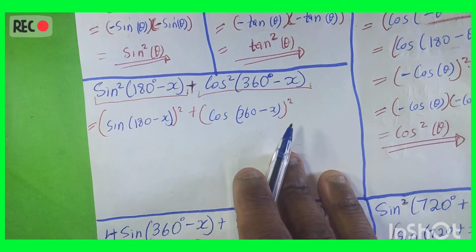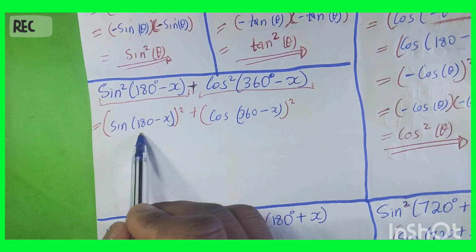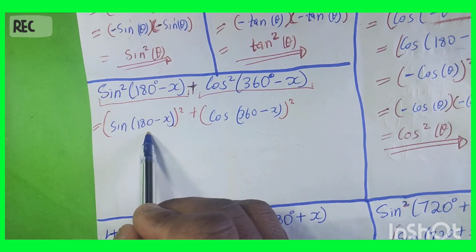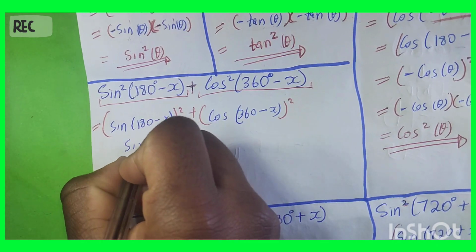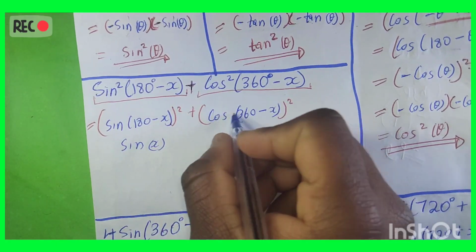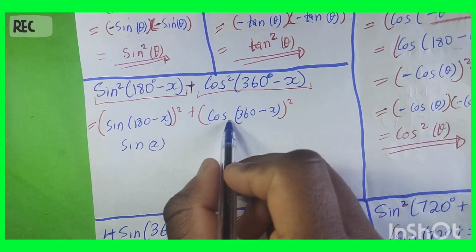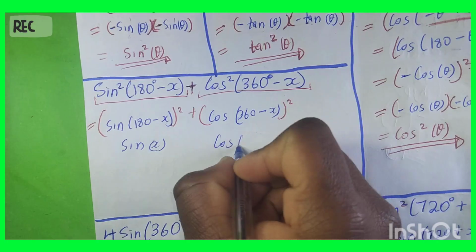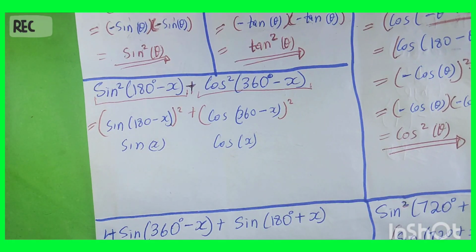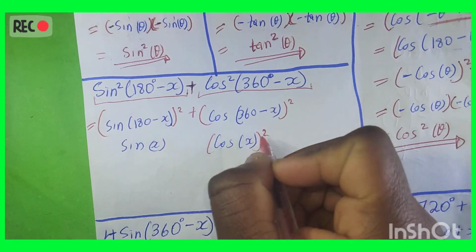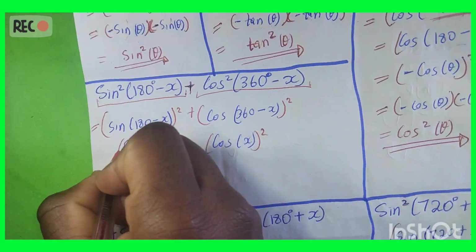But again, I know this thing is on the second quadrant, and on the second quadrant, sine is positive, and this one is on the fourth quadrant, and cos is positive. Then you reduce the angle. All the other things, they just stay the way they are.